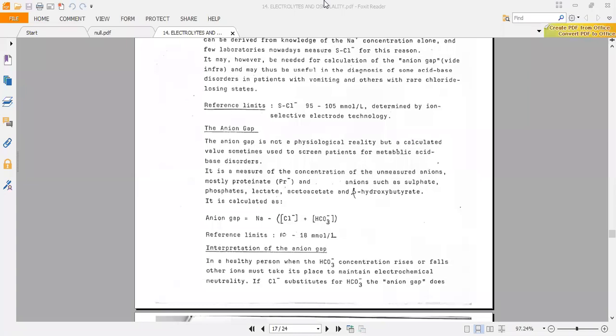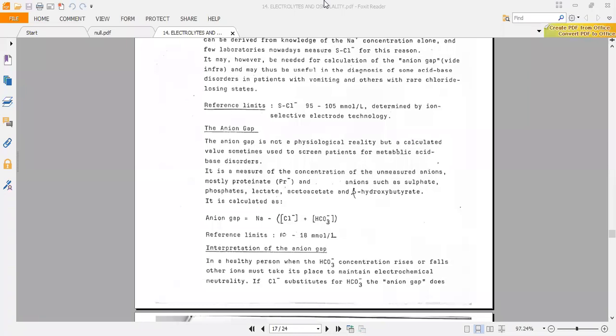Now the anion gap is telling us about the difference between the cations and the anions in blood plasma.